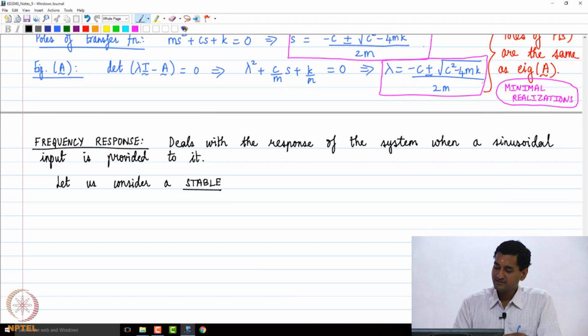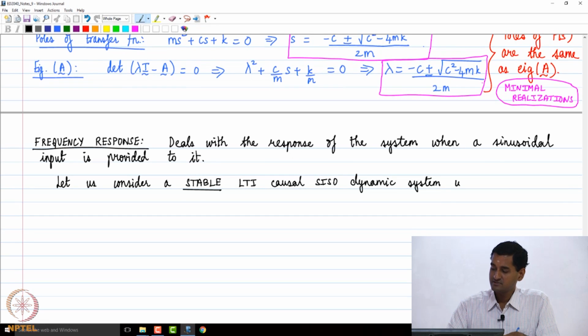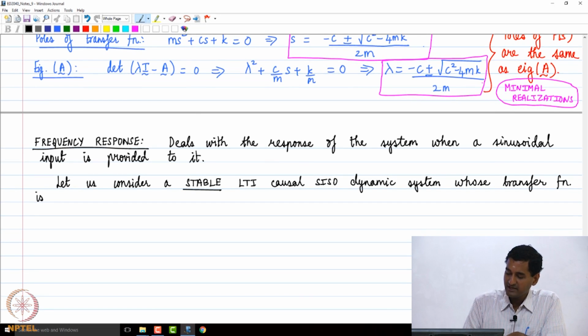So, let us consider a stable LTI causal SISO dynamic system whose transfer function is P of S. Okay. So, let us say we consider a plant or a system with a transfer function P of S.